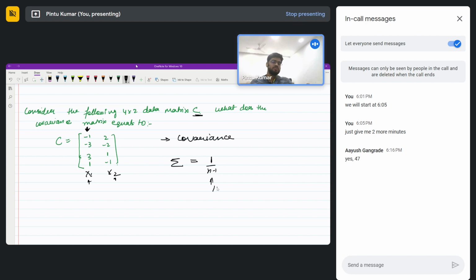Again, this can also be 1 by n. So this can be calculated by C transpose C. If you neatly write it down, you will see that this actually becomes the same formula for mean 0.